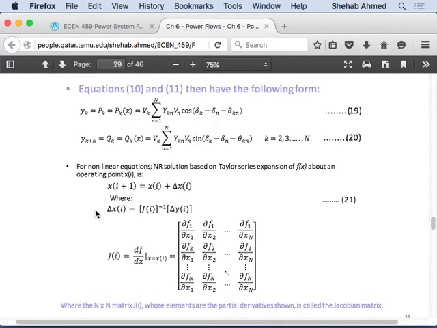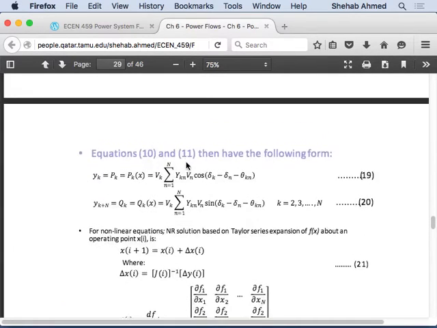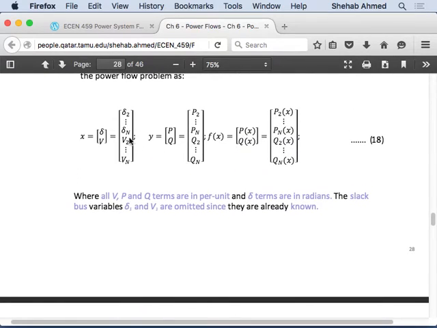The Newton-Raphson method helps us find this next guess for a system that we've represented in terms of y equals f of x, or where we've taken f of x, subtracted it from y and equated that to 0. What it helps us do is find the change in x. My x's are my v's and deltas.